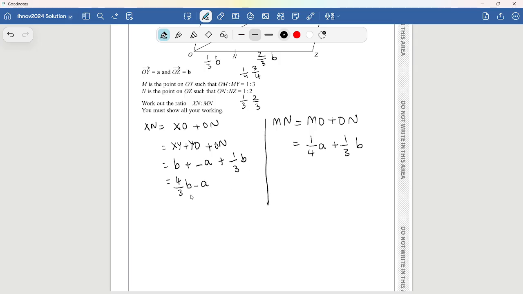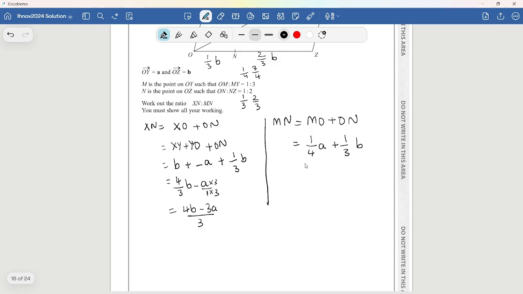If I take the denominator here and try to make this expression have a common denominator, the denominator here is 3, but the denominator for this A is actually 1. So I can make the common denominator 3. The numerator here will be 4b minus 3a, because I have to multiply this numerator and denominator by 3.